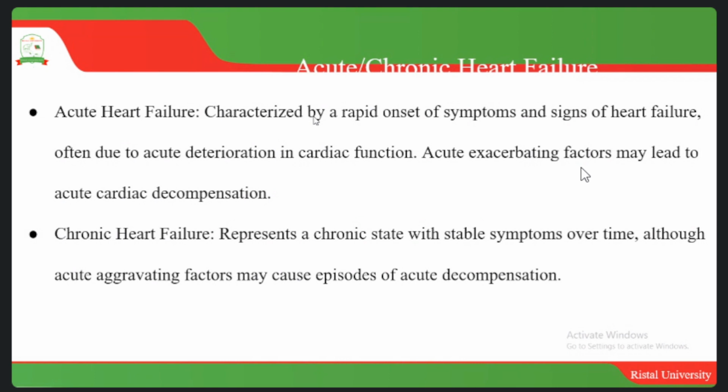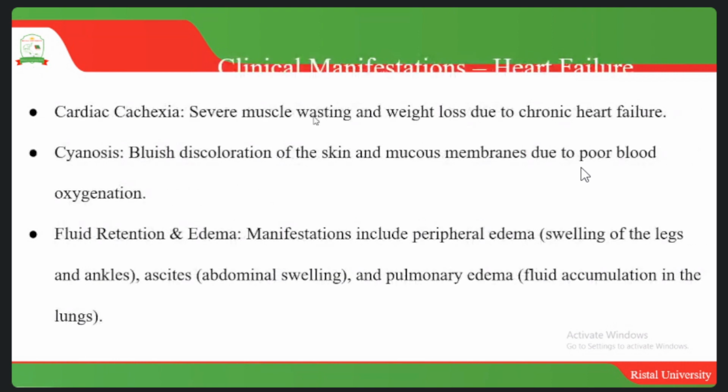They are not like the ones of acute, and a person can live with it for some time while being managed, until sometime when it develops acute decompensation and ends up with failure. But for chronic heart failure, it has been in existence and the symptoms are stable. So the patient can be managed for some time.